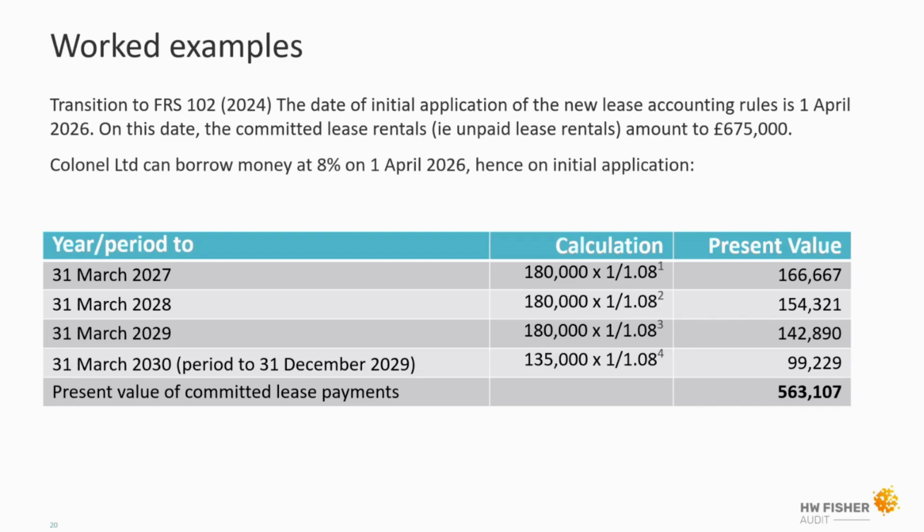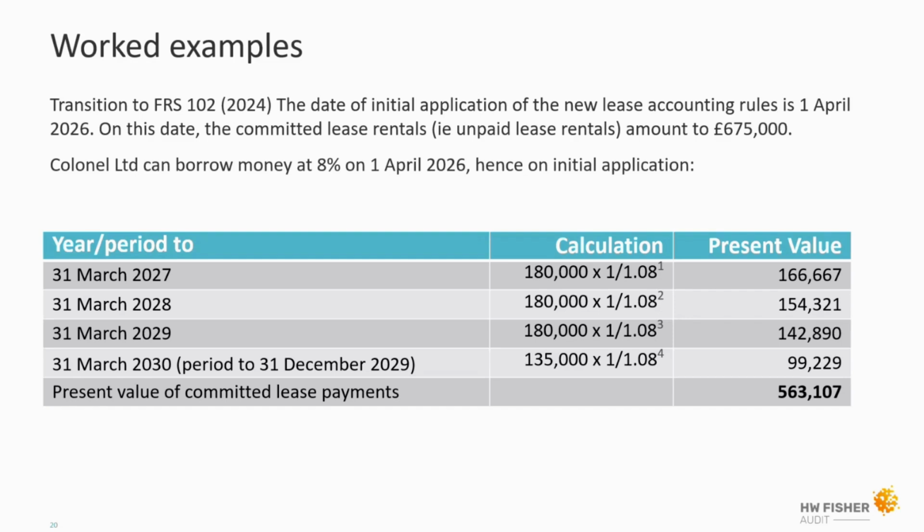So we've got to discount down our £675,000 to bring it back down to the present value of future lease payments. Here we can see the calculations. Our present value of the committed lease payments is going to be 563,107. A relatively awkward number for an example. We haven't rounded.